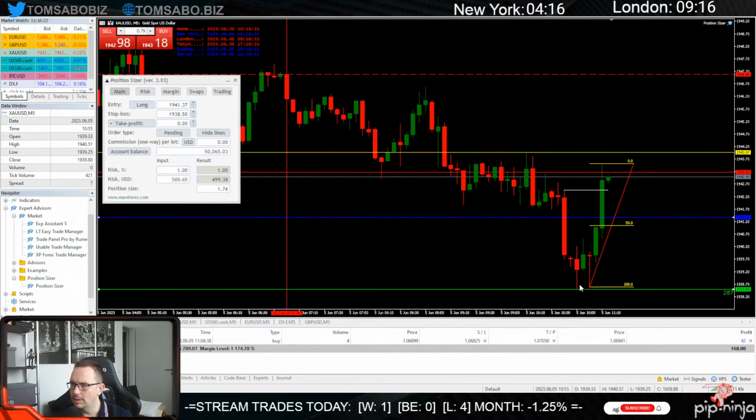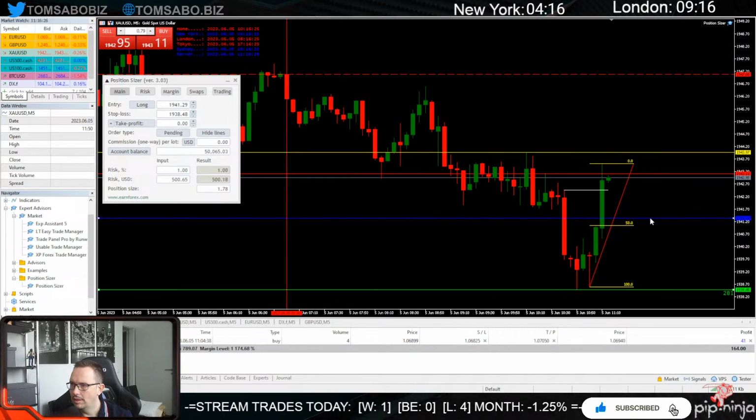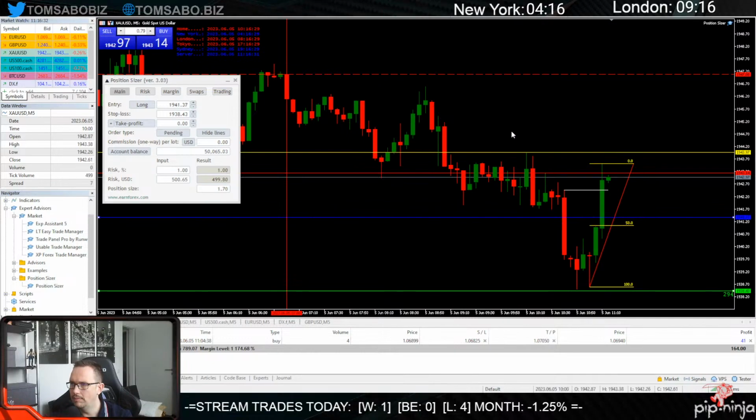We have a fair value gap there. And I would be entering there just a little bit above equilibrium, and only with $250 risk.